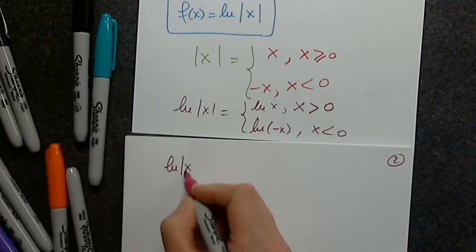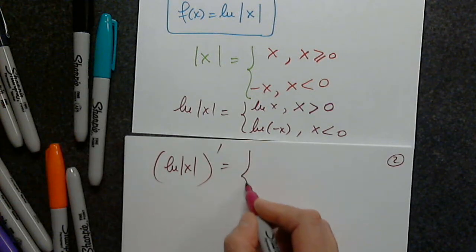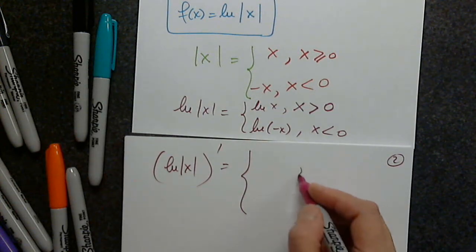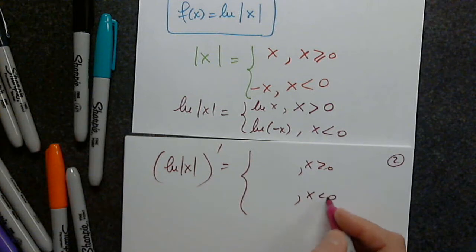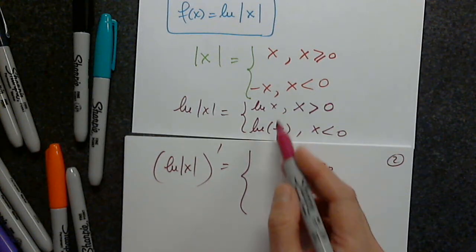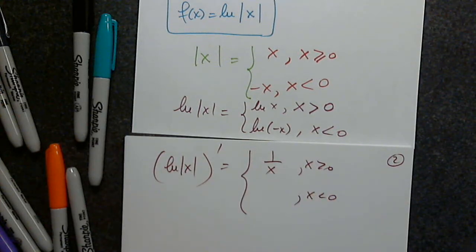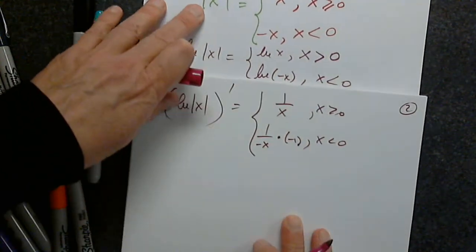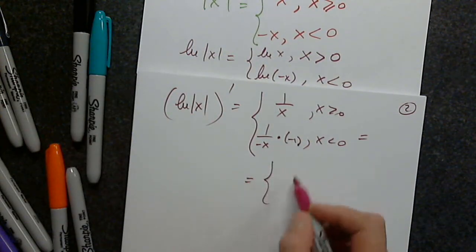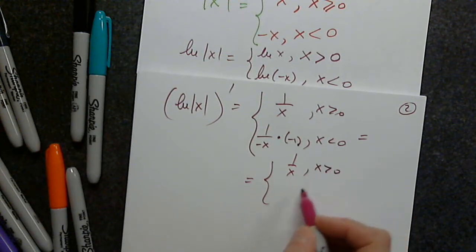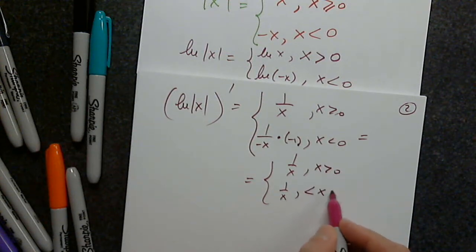So natural log of the absolute value, prime. Very good. What about the second one? Yes, 1 over negative x multiplied by negative 1. But this really is nothing else but 1 over x for x greater than 0 and 1 over x for x less than 0.